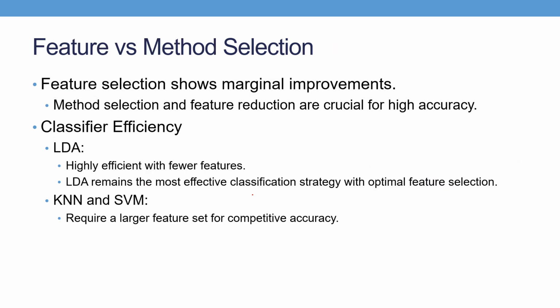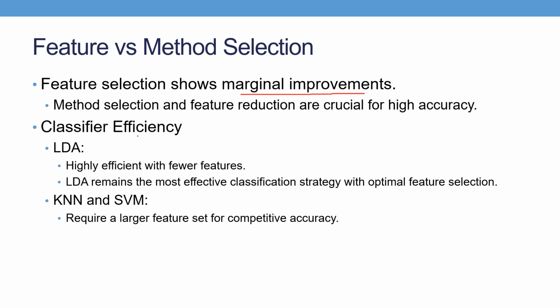So selecting features is a little more difficult because the particle swarm has more dimensions. It takes a little more time to select the features, and has marginal improvement. So it isn't worth the effort.